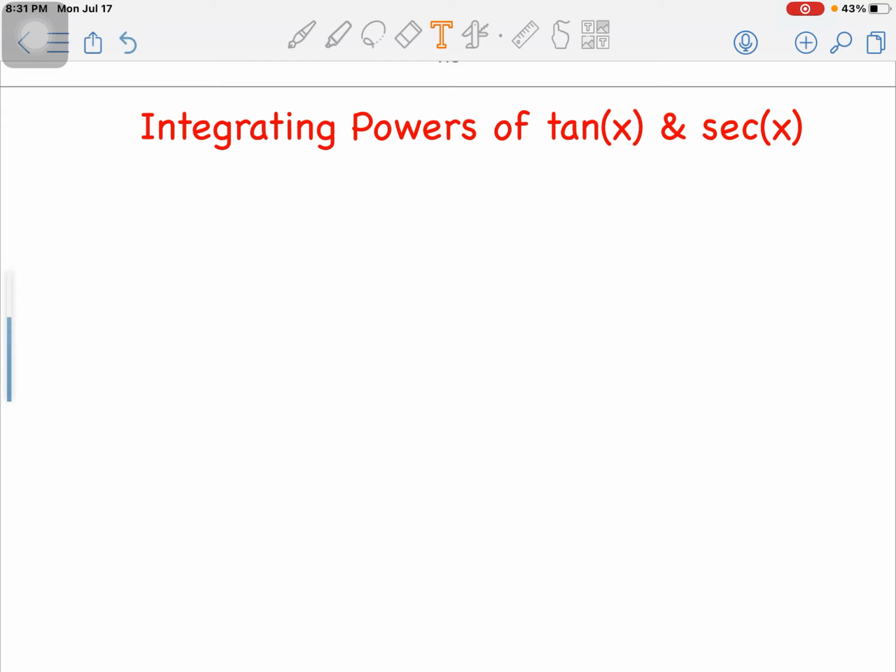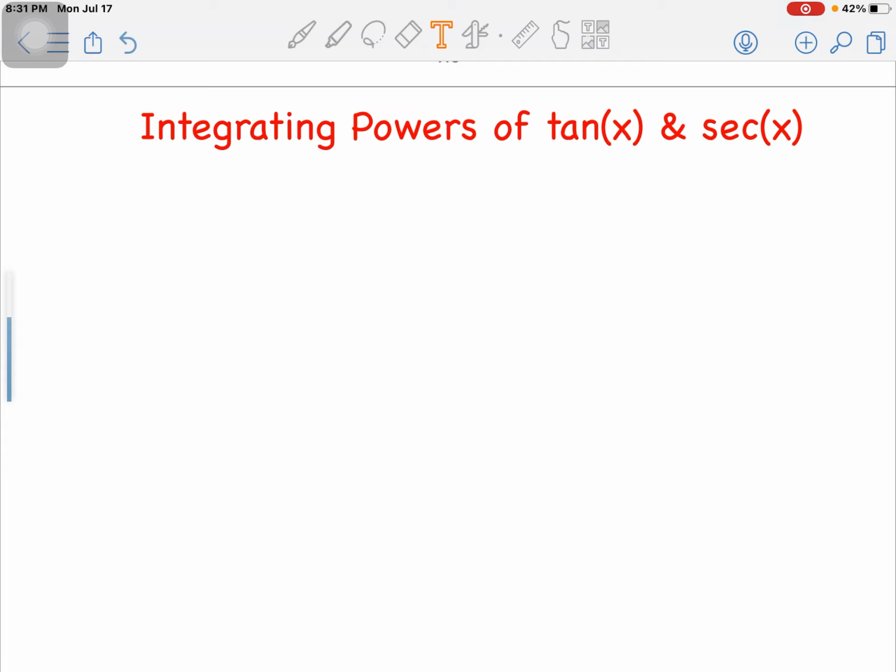As I said, integration is the reverse of differentiation. So I assume that you have done it already, and there are some things that you must know. If you know that the derivative of tan x is sec squared x, then it means that the integral of sec squared x should give us tan x plus the arbitrary constant of integration, c.